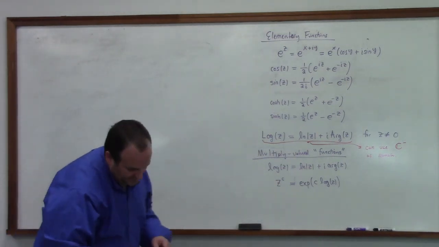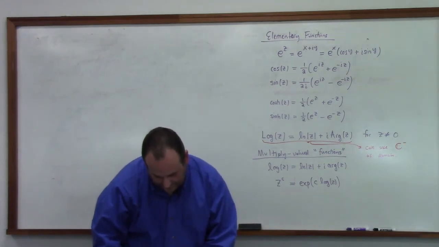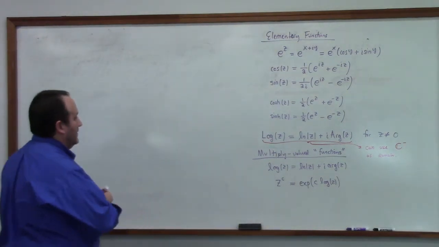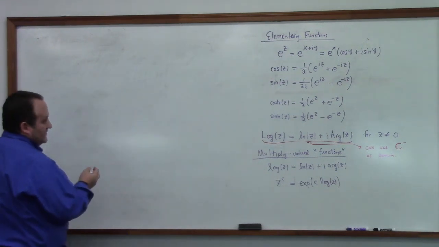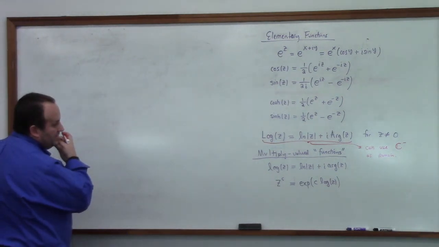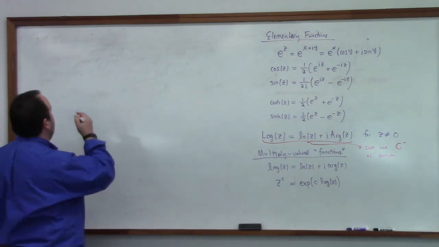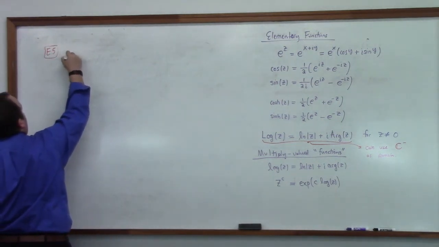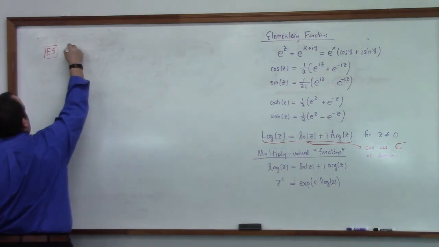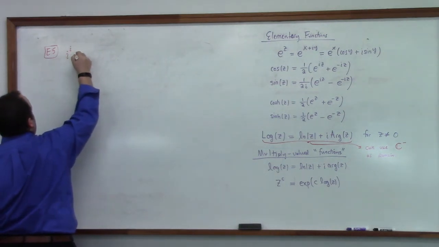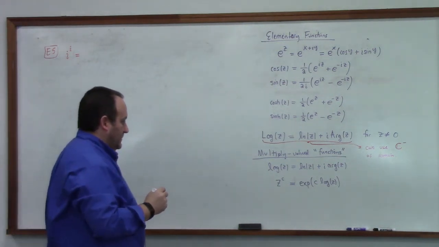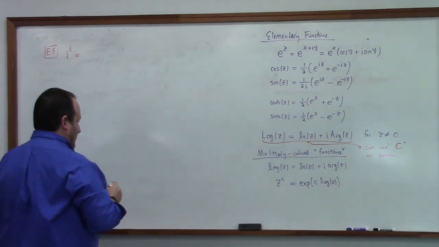Let's see here. So, let's talk about example 5. I to the I. So by definition, this is supposed to be what?